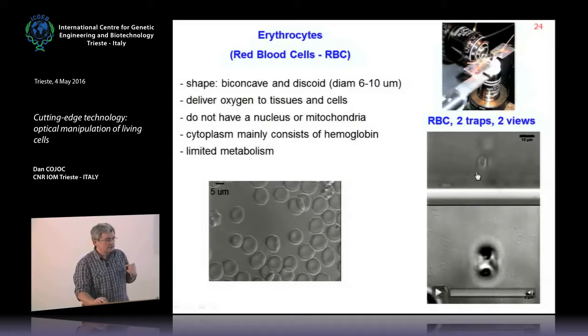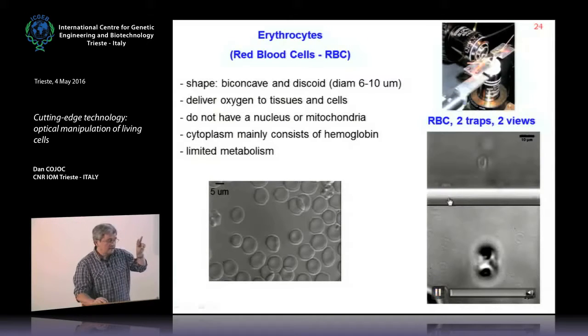What I want to show is a simple configuration with two objective microscopes, one vertical and one horizontal, and a very thin capillary, 100 micrometers. What you see here are the two views, from lateral and from the bottom, or from the top as you want, of a cell manipulated with two traps.